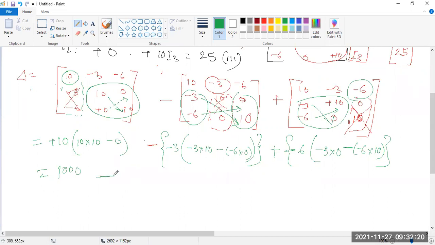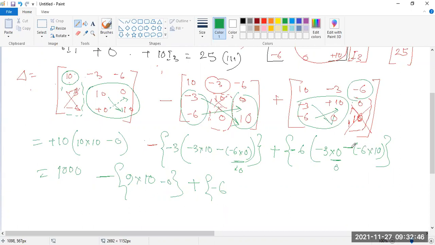Okay, and it is coming, look, minus 3 into minus 3. So this is plus 3 into 10 and it will give 0. So it is 0. Here it is coming plus. Here is minus 6. This is given 0. So minus 6 into 10 equal to minus 60.